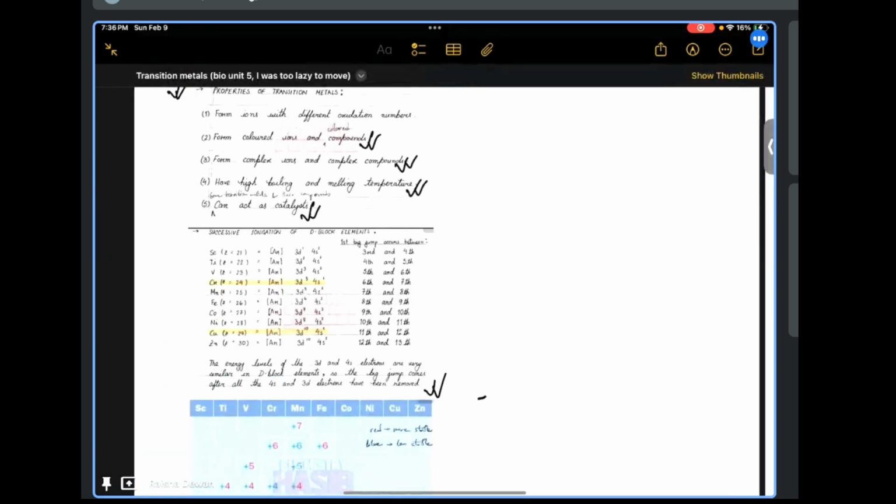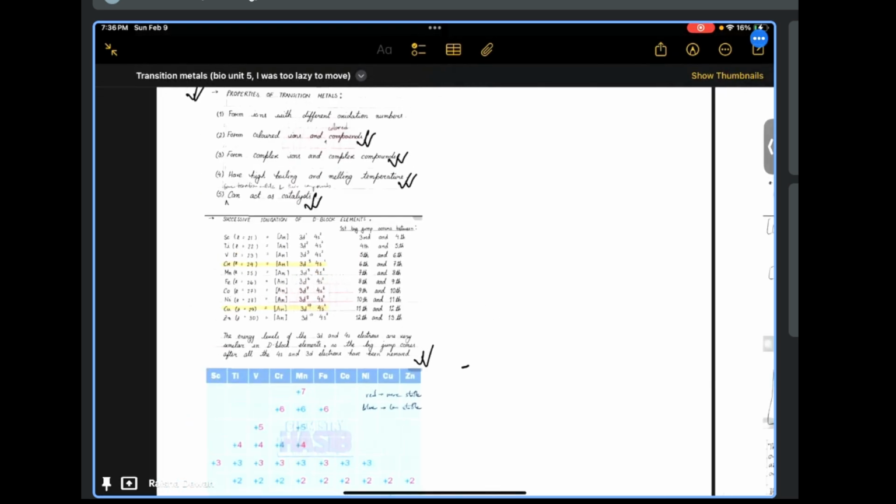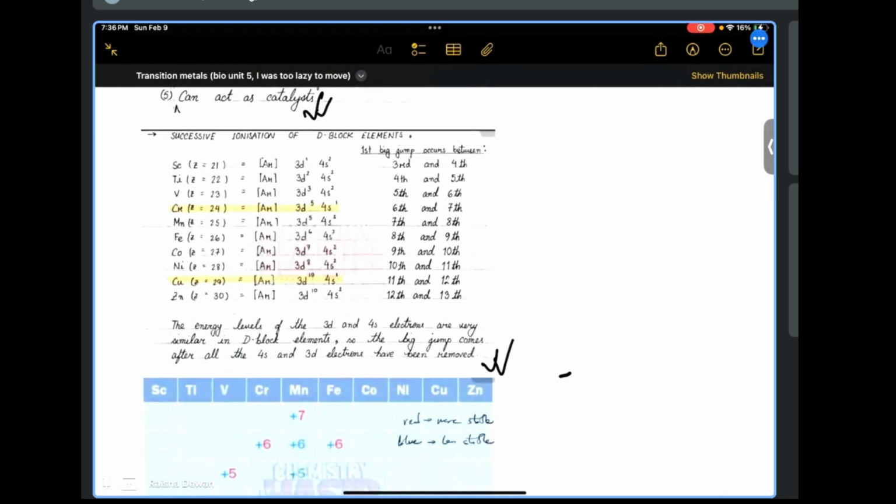We'll go through them. So now regarding successive ionizations of d block elements, what they have said is the energy levels of the 3d and 4s electrons are very similar in d block elements. Yes, the energy level is really similar, but as the 4s electrons are lost before the 3d electrons, we can say 3d electrons are lower in energy, right?